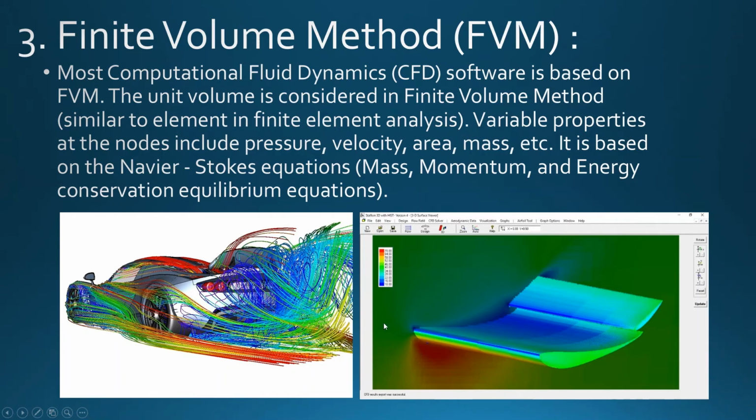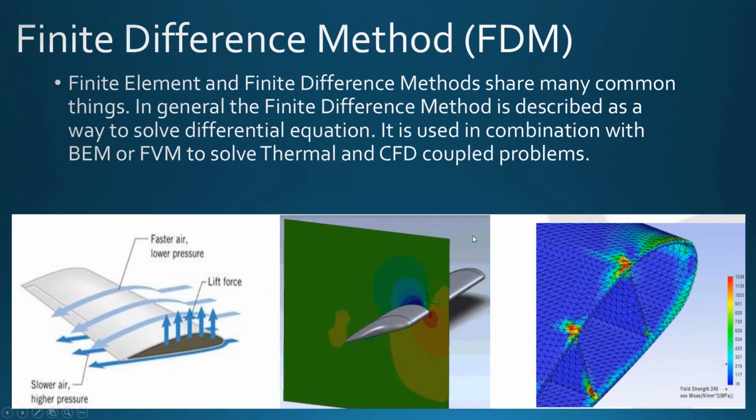The point where the pressure is zero is called the stagnation point. And this is the reason behind the lift of the aeroplane. Why does the aeroplane fly? Because the pressure here is quite low and the pressure here is quite high. So the region here is kind of a vacuum, and because of the pressure difference we get the lift. So if you are interested in studying that type of analysis, you should go for computational fluid dynamics.